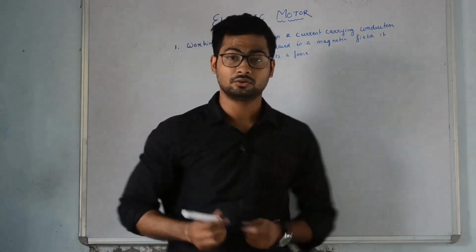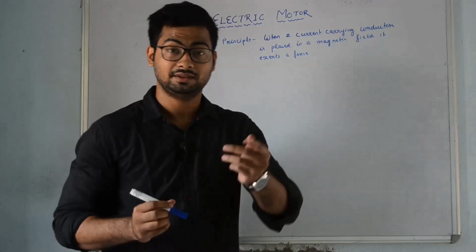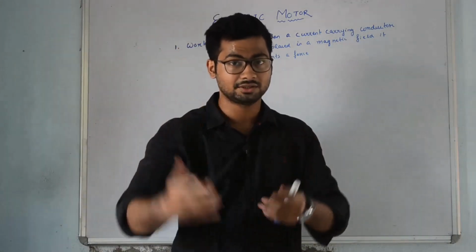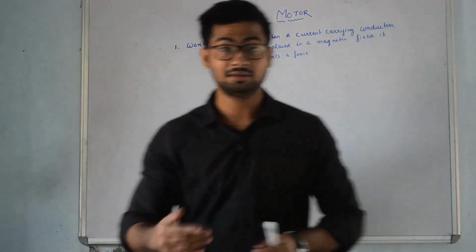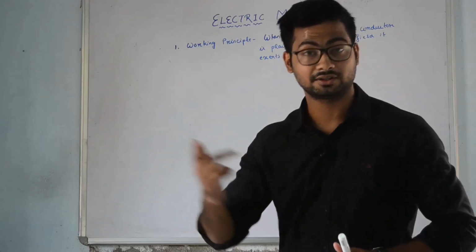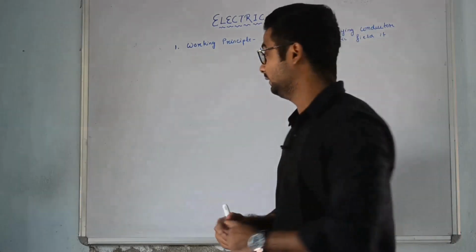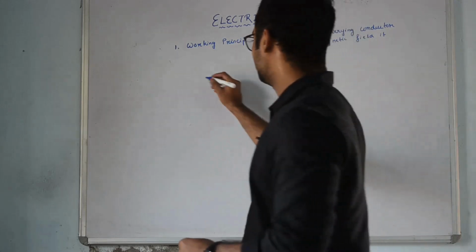One thing I forgot to tell: in what direction will the force be? It will be in the direction perpendicular to the direction of current and the direction of magnetic field, according to Fleming's left hand rule.